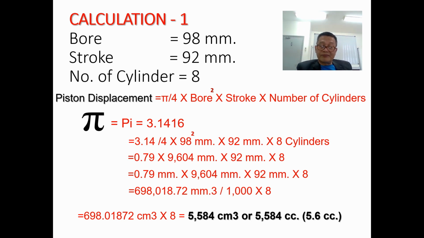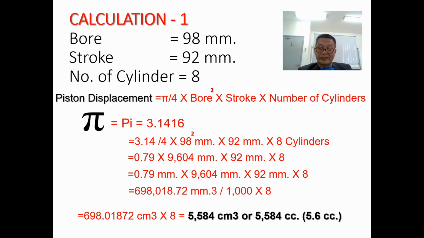Take note that the unit of piston displacement is in cubic centimeters. So since we have millimeters, we need to convert that into cc, or cubic centimeters. Just divide it by 1000 and your answer will be 698.01872 cubic centimeters.